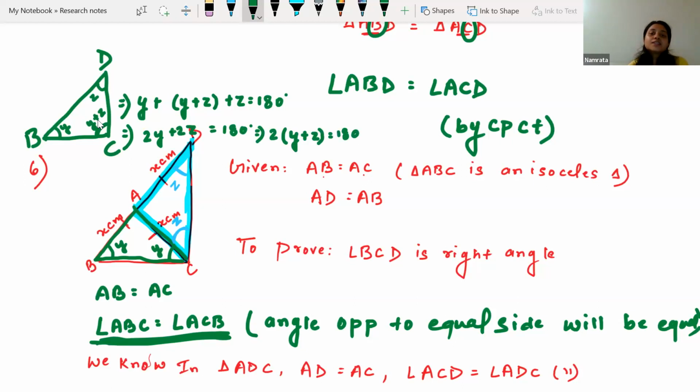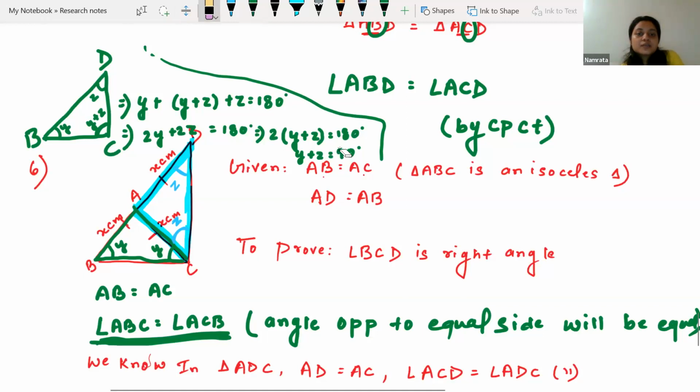From here we can say that y plus z will be 180 by 2, that is 90 degrees. Can I say? Everyone, are you getting it? This part? Yes, Ariz and Sumera. Yes, ma'am. Is it clear?